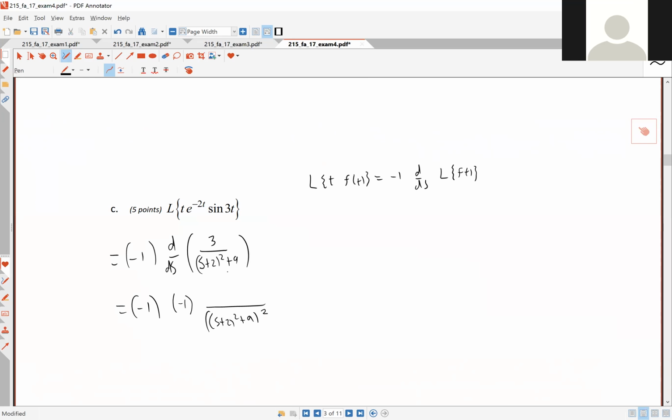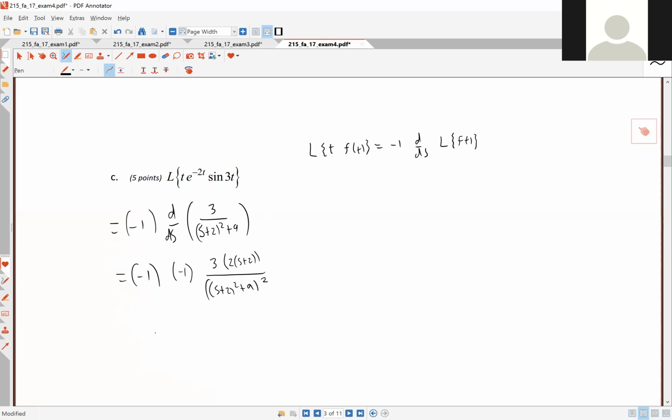We take the derivative of the stuff inside, which is 2 times (s plus 2). And so that gives us positive 6 times (s plus 2) divided by ((s plus 2) squared plus 9) squared.